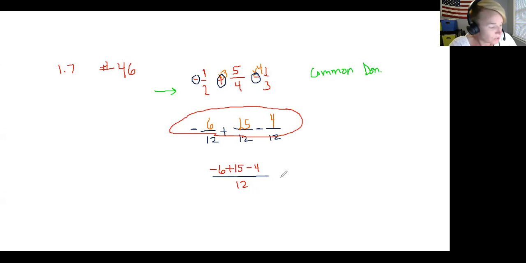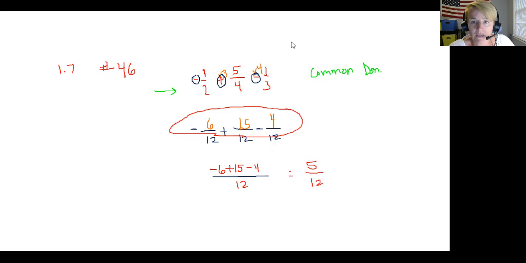Now, if I do the math, I have a negative 6 and a positive 15. My greater value is 15 and it's positive, so I'm going to get a positive 9. If I use a number line, I would end up with a positive 9. And then if I take away 4, I'm going to end up with 5. So my actual answer is 5/12.